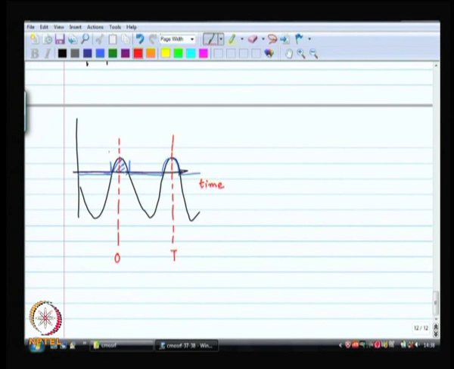Or rather, if you want to think in terms of angle, then this is 2 pi, and let us say this is phi and this is minus phi. So, it conducts when the angle is between minus phi and plus phi, or between 2 pi minus phi and 2 pi plus phi. All right.